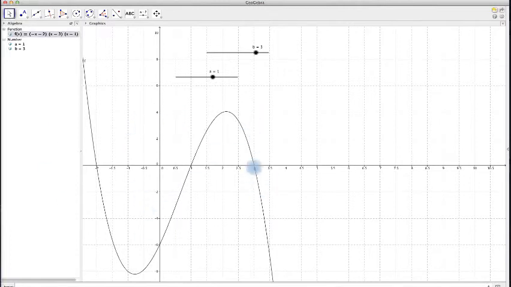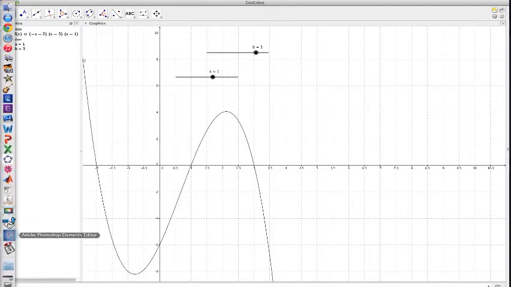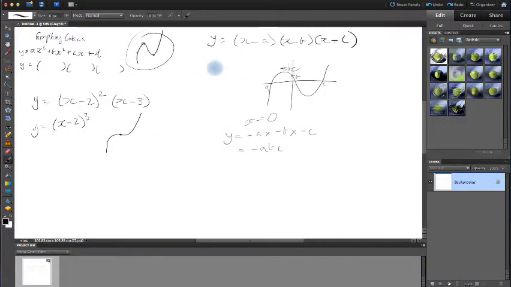Still got the same intercepts, but now it's coming from a large value and going down to a very, very small value. And why is that? Well, if we expanded that out, where there's a negative in front of one of the x's, it would mean that this a value would then be negative.